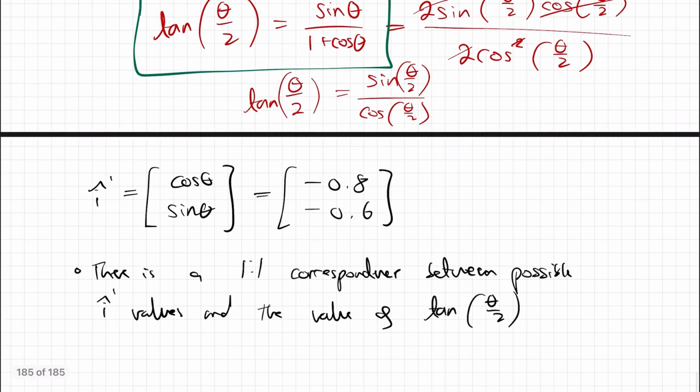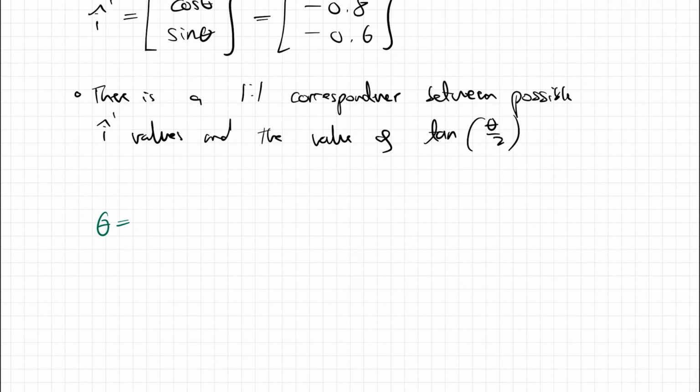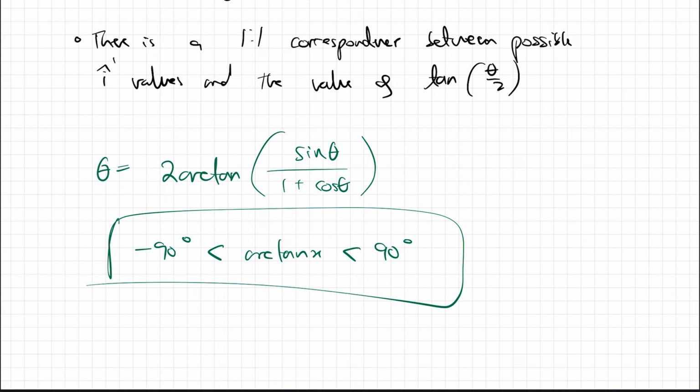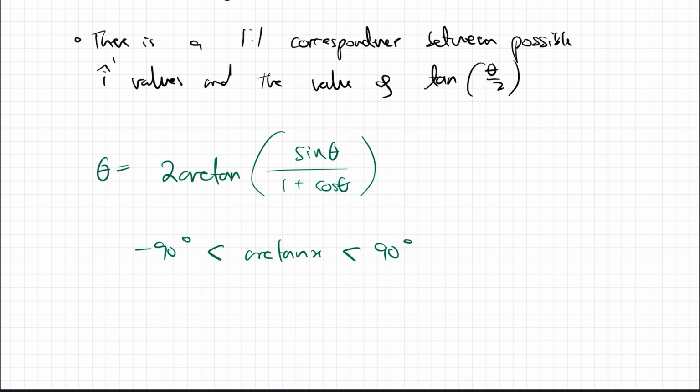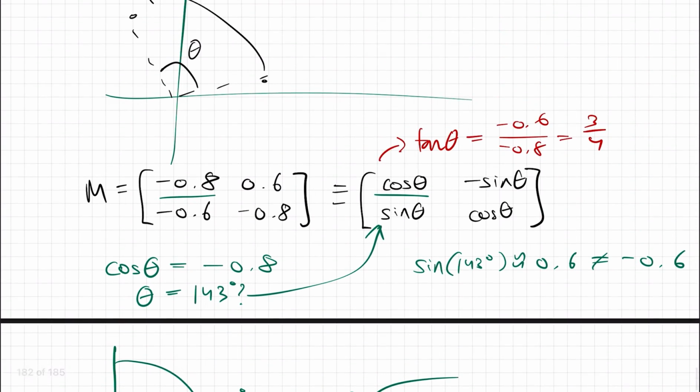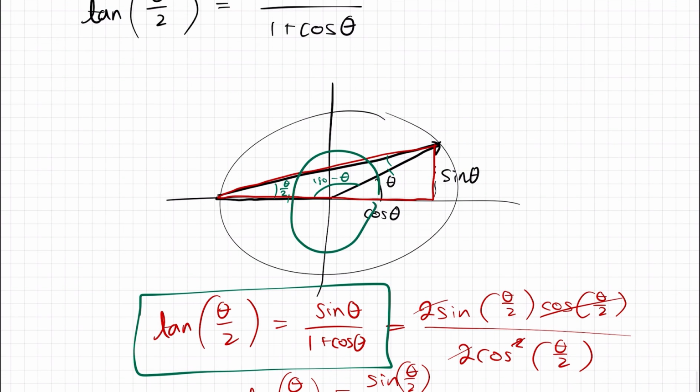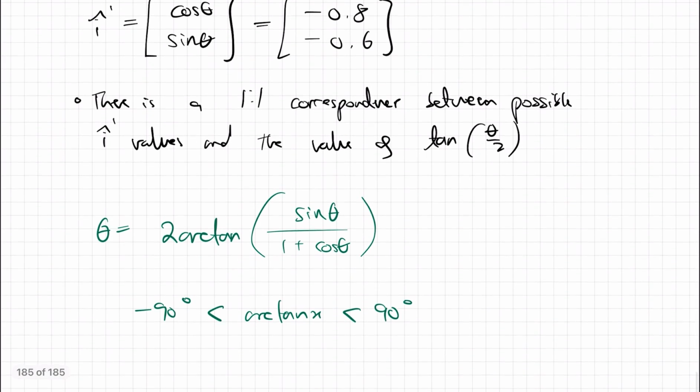of theta to just be theta equals 2 times the arctan of sine theta over 1 plus cos theta. Now remember, arctan has its range from minus 90 degrees to positive 90 degrees. And so there's no way we can use just this formula on its own. Like if we were to try and work out tan on its own, there's no way this would give us a unique angle, since this angle can range from 0 to 360 or 180 to minus 180.